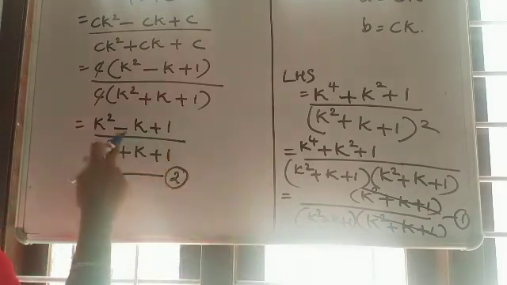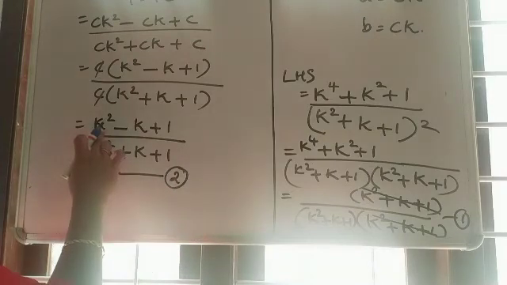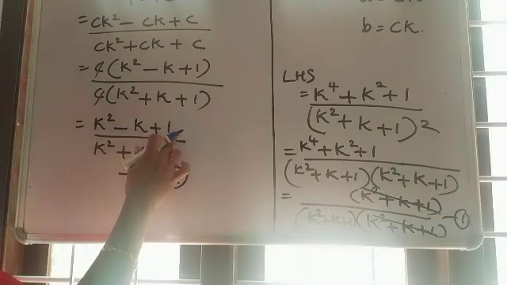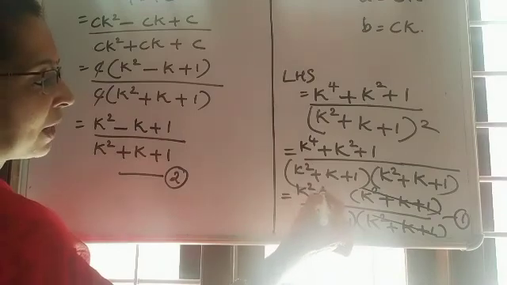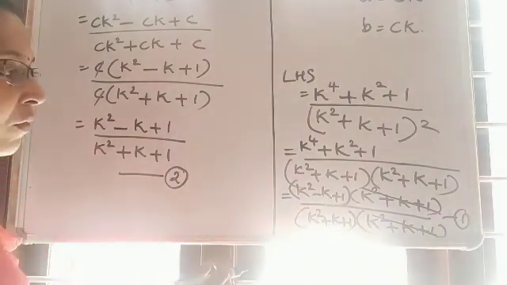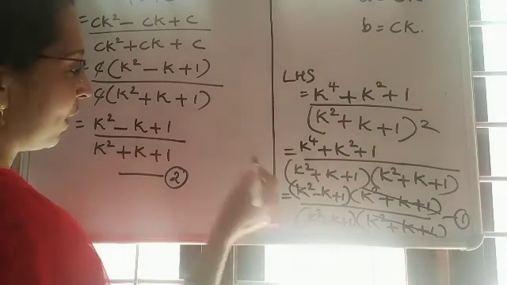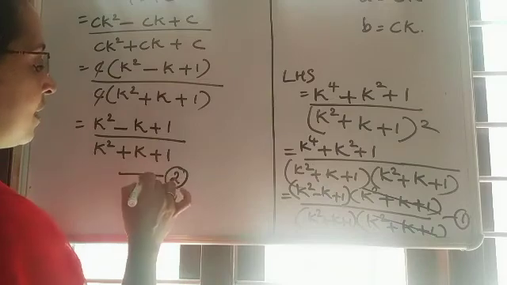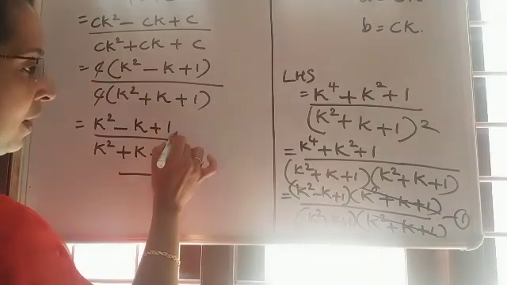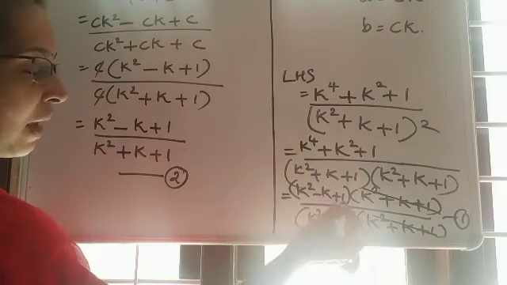So adjust the numerator for equation number 2, that is better. So look at k square minus k plus 1, so write k square minus k plus 1. Then after that, we want to check whether it is correct or wrong, no? So look at the RHS part, numerator, and adjust with that. So you will get k square minus k plus 1.